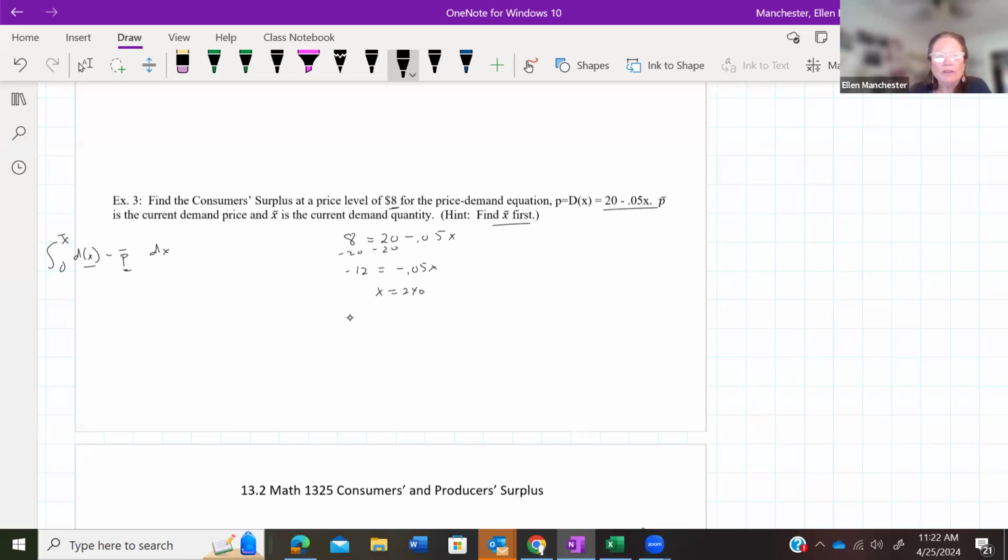Okay, so I have this value now. So between 0 and 240, the demand function is 20 minus 0.05x, subtracting off the price. So the upper curve minus the lower curve. And now you're right back to what we did on Tuesday.